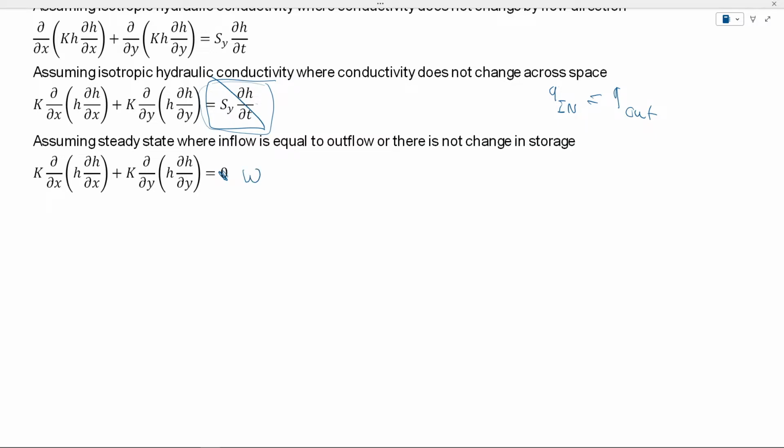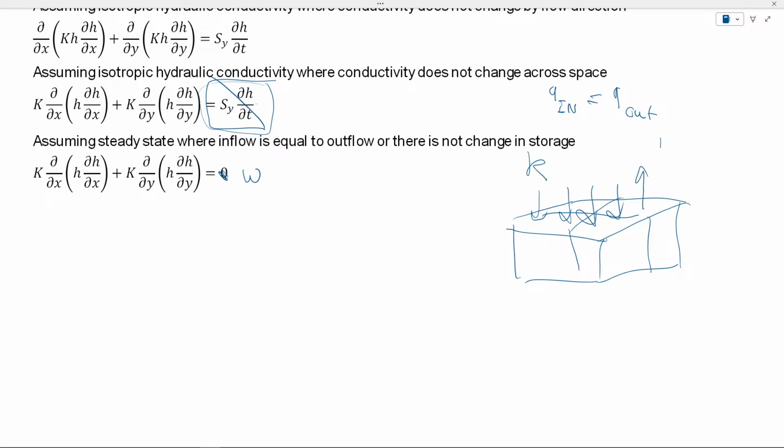Can I add a source and sink term here? Yes. That source and sink, for example, could be recharge. So I could have recharge here.